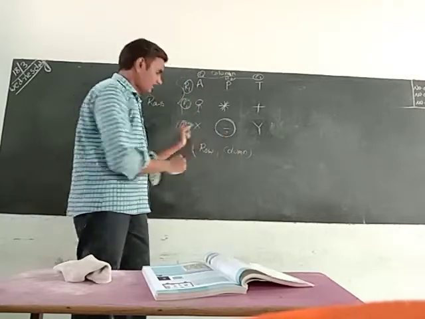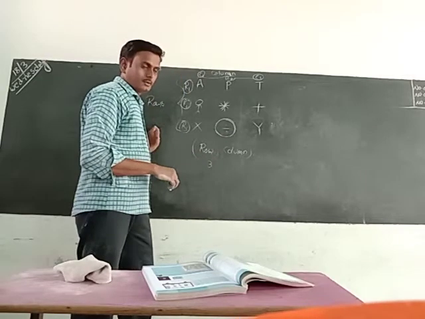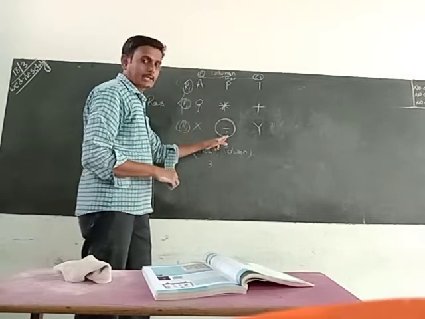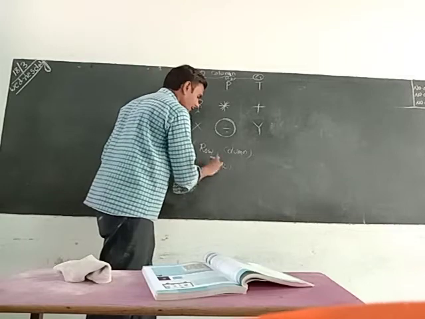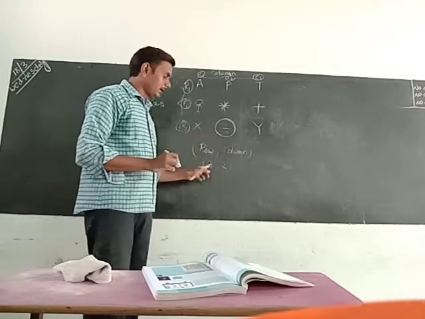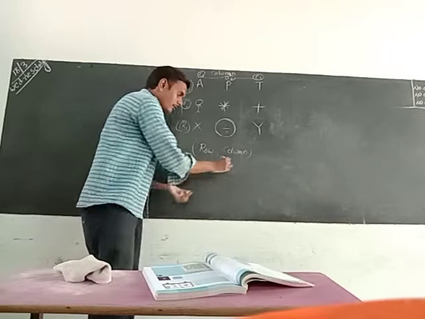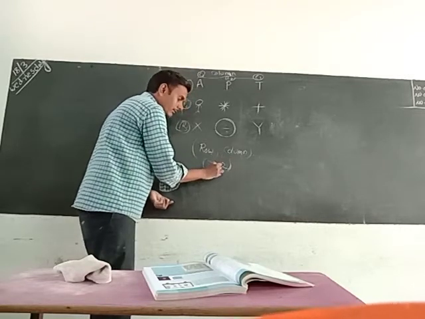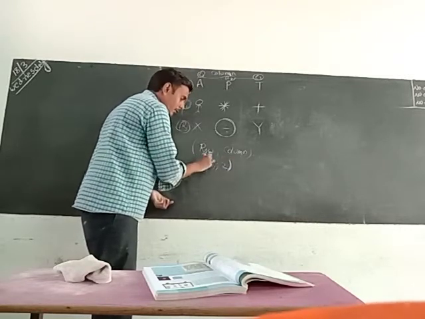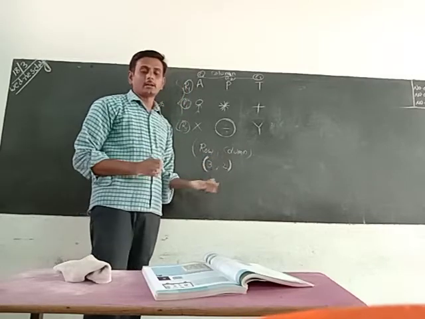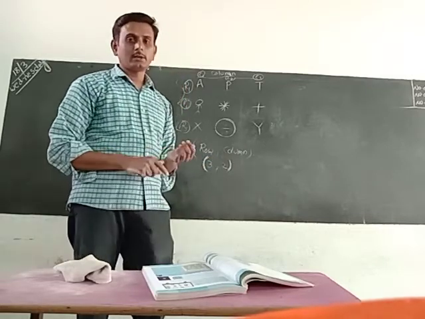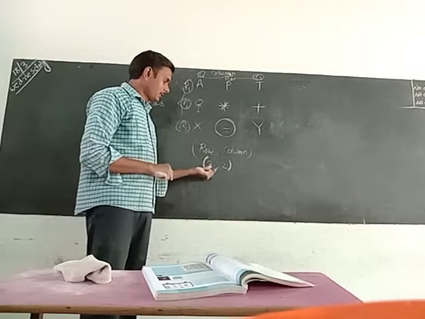The third row. Which column is it? The second column. That means the location of this division symbol is 3, 2. Write 3, 2 separated with a comma in an open small bracket. This is called the ordered pair.